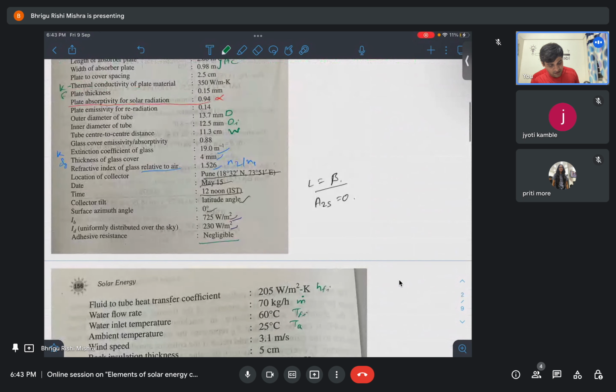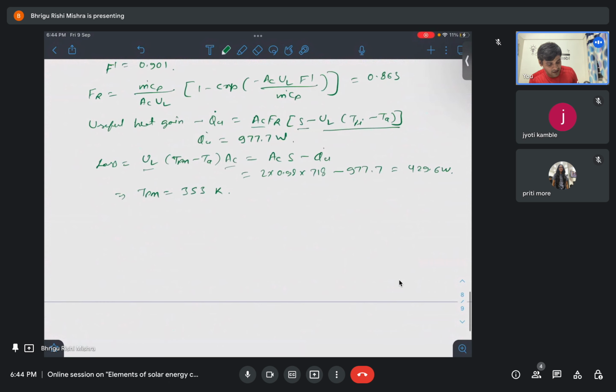The only problem is with the UT, the top loss coefficient. UL is UT plus UB plus UE. Edge means side, so you can use UE or US. In some books it is written side loss coefficient, in some edge loss coefficient.